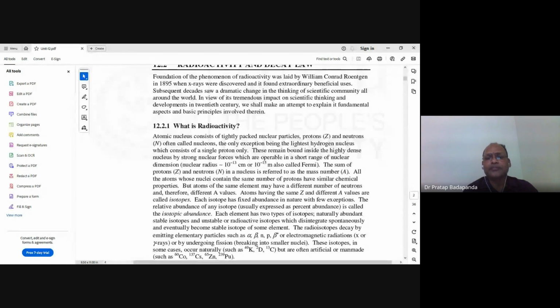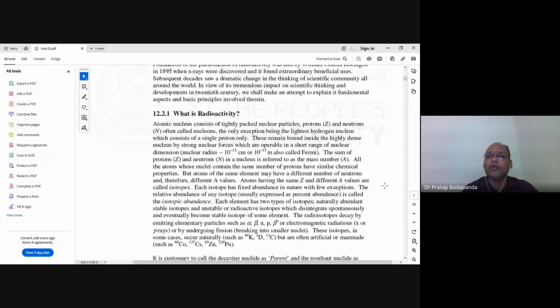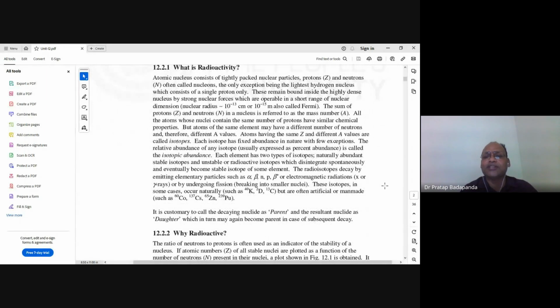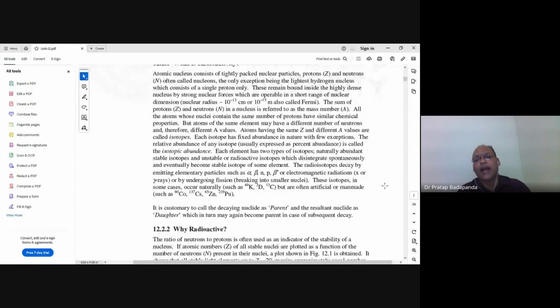Okay, the radioisotopes decay by emitting elementary particles such as alpha, beta, and gamma electromagnetic radiations. So this is the behavior with the electromagnetic radiations due to their alpha, beta, gamma nature, undergoing fission and breaking down into small nuclear parts.